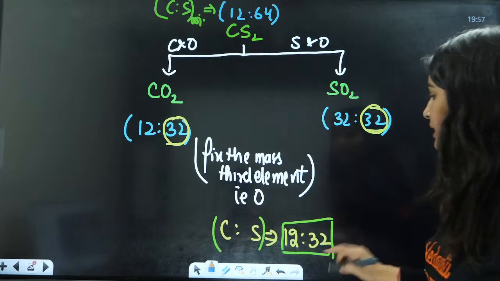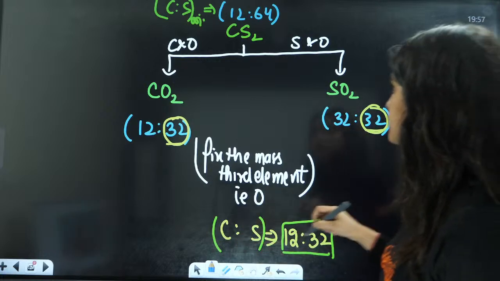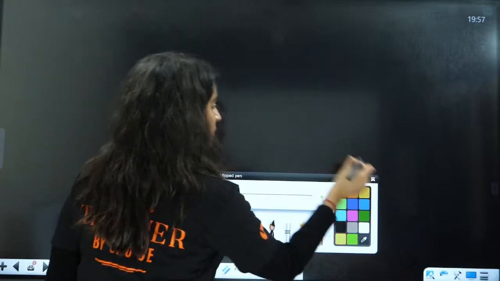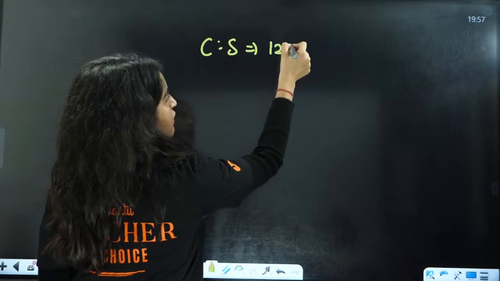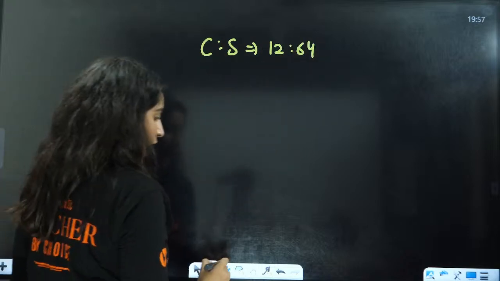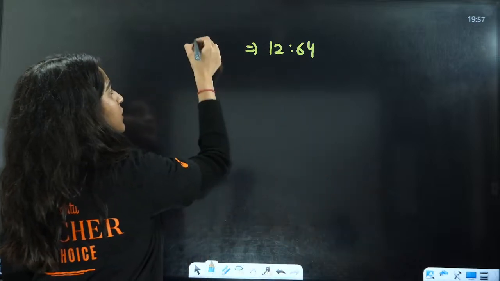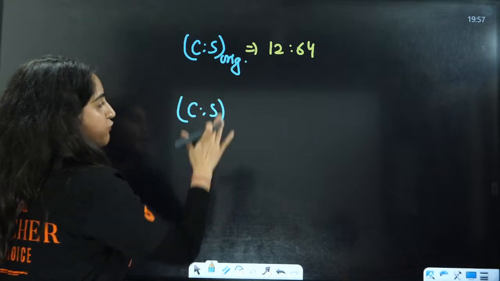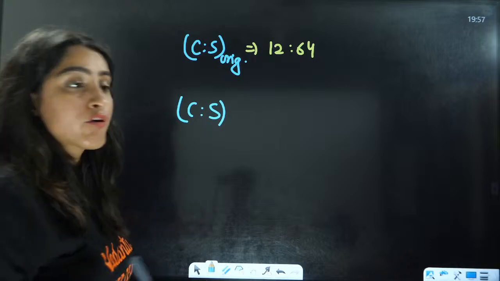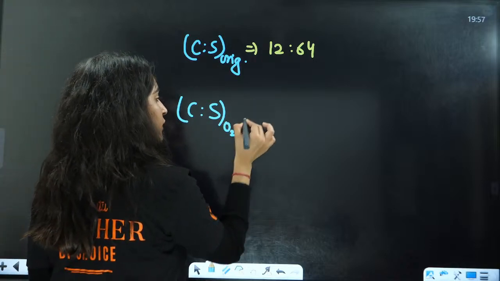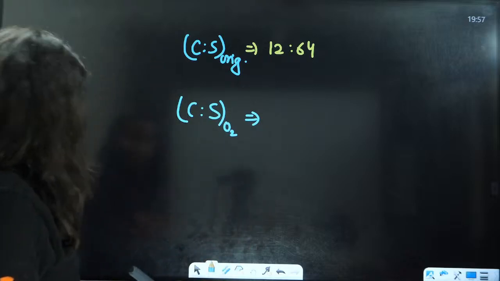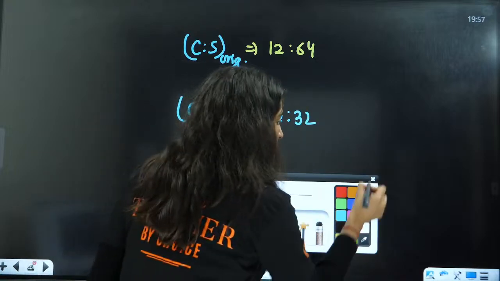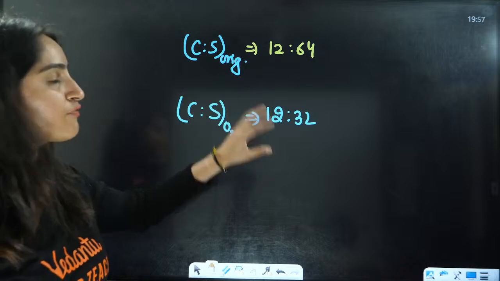So carbon ratio sulfur originally is 12 ratio 64, and carbon ratio sulfur with the third element O2 is 12 ratio 32. Here also, fix the mass of any element.